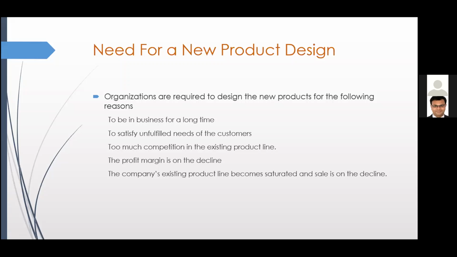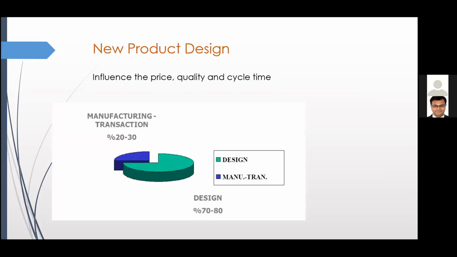Every time the customer compares with the new product: how many features compared to the current product, so I need to go better. That is the reason a new product keeps coming.